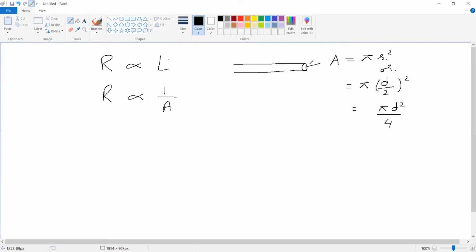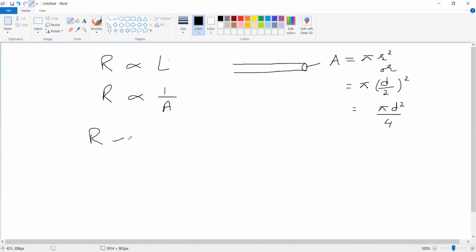And if this area of cross section is smaller, then resistance will be larger. It means that a thin wire has a small cross-sectional area, so its resistance will be larger. On the other hand, if the cross-sectional area of the wire is larger, it is a thicker wire, so resistance will be lower. So resistance is inversely proportional to area.